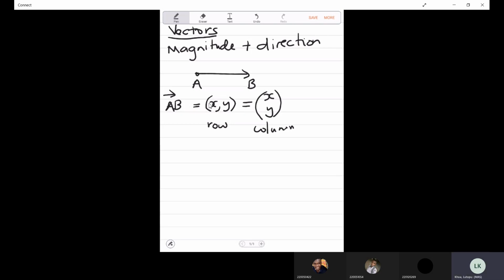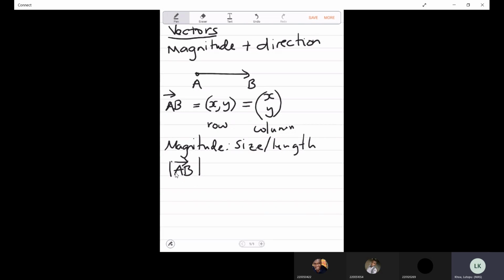But before that, we should say that the magnitude is the size or length of a vector. And if I have a vector AB, we represent its magnitude like that, in absolute value symbols.